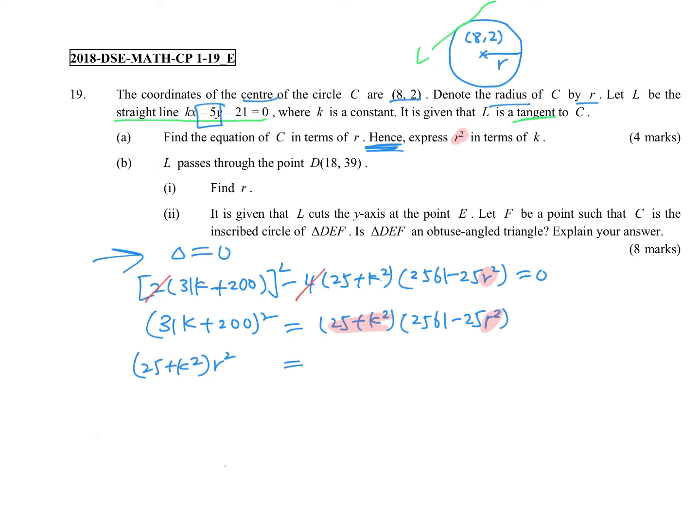Okay, so the remaining stuff, minus this. Good. Okay, and then the r square has been made the subject, like this. And now of course we do not want 25 plus k squared, but we have to dump it after we tidy up the trash on the right hand side.